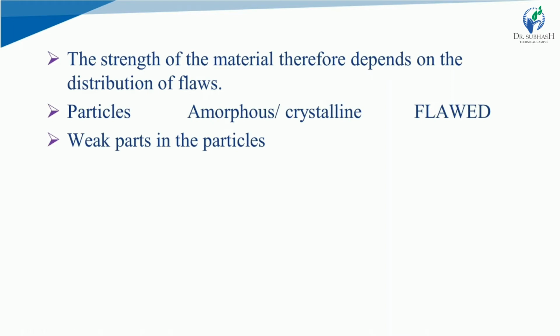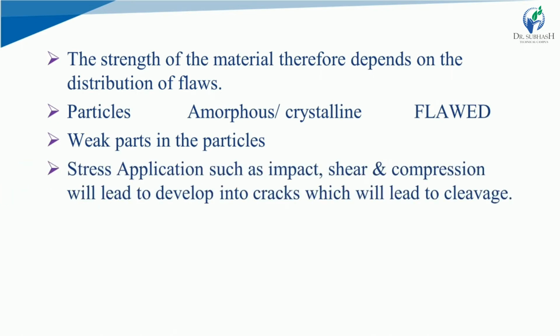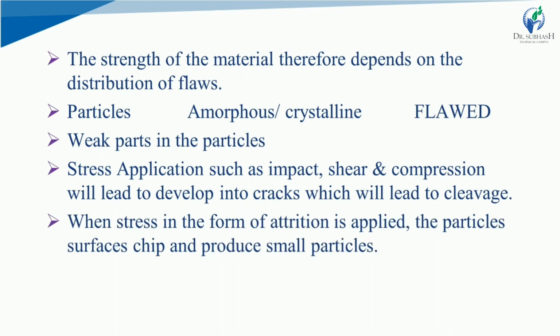Because there are flawed particles, the particles are already weak in reality, with weak parts in the particles. If you apply stress such as impact, shear, compression, this will lead to cracks which will lead to cleavage. When stress is in form of attrition, the particle surface chips and produces small particles. This is how exactly size reduction works.